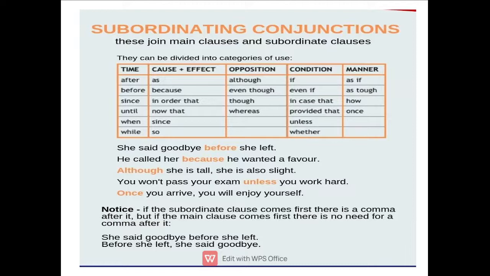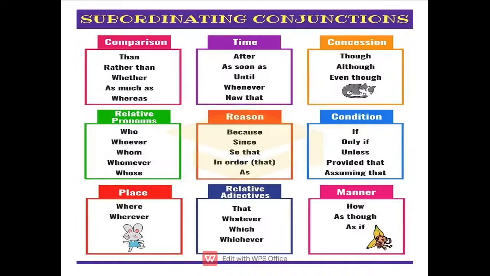For example, when we say she said goodbye before she left, the main clause is she said goodbye, so we are not putting any comma, we are just using the conjunction word before. But when we use before first, before she left, she said goodbye, we are separating our clauses with a comma. So please remember this very important point.